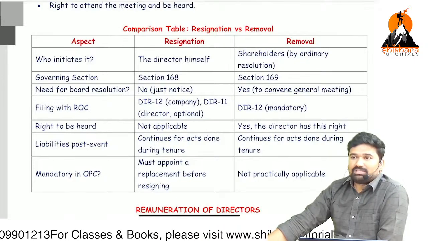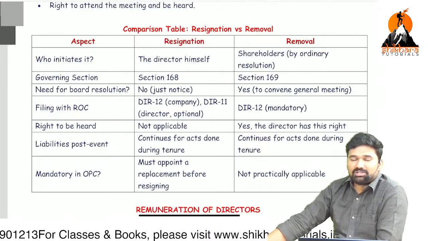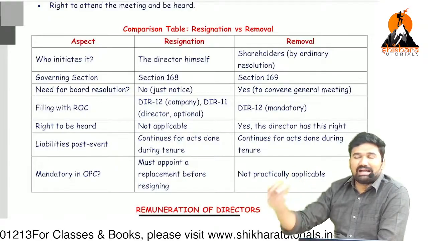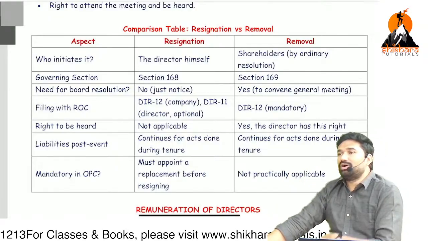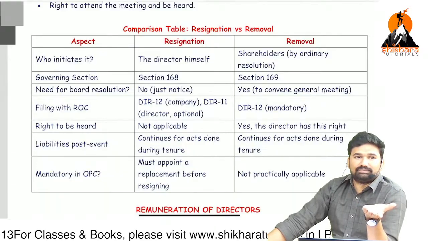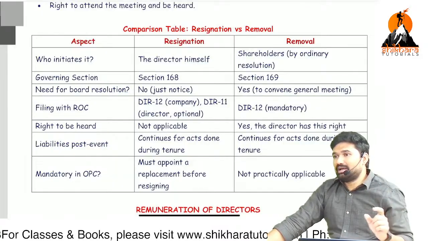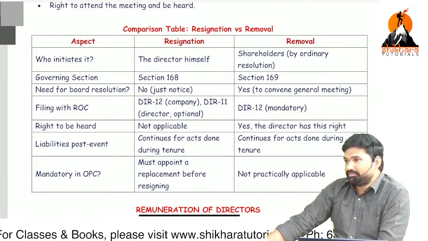As per records, you are officially a director, right? If the company commits any mistake, who is responsible? You are also collectively responsible. So in order to avoid these kinds of confusions in the practical environment, it is highly advisable for each and every director to file DIR 11 after their resignation.